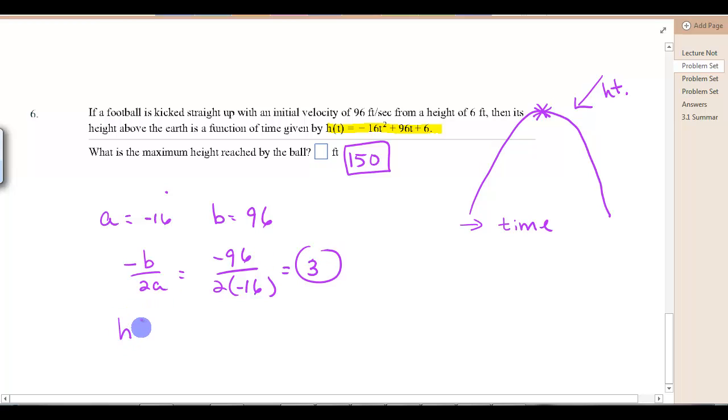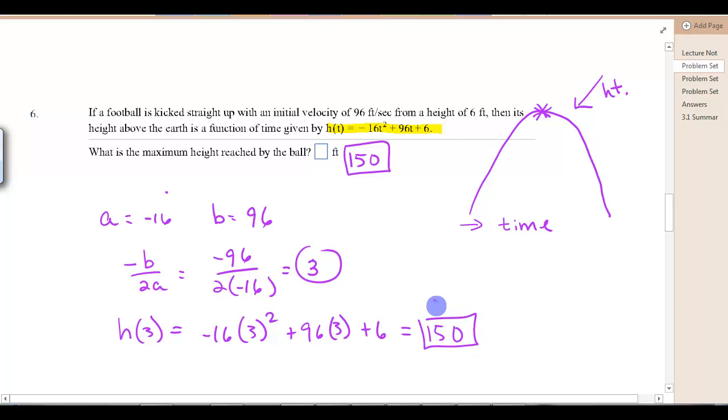And then h of 3 would be negative 16 times 3 squared plus 96 times 3 plus 6, and if you figure that out, you would get 150. So either way, either doing it with the vertex formula or the calculator, should get you that. So I think that will help you get going on section 3.1.